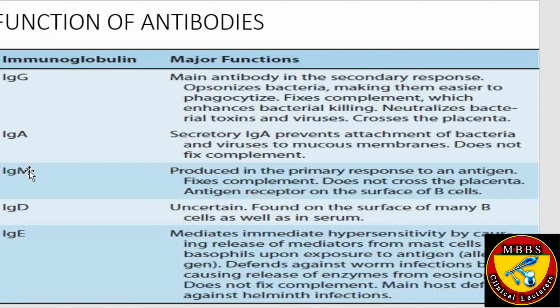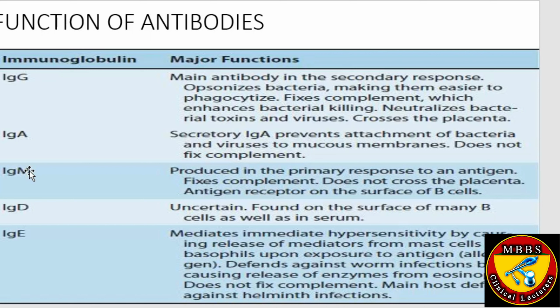Now, IgM is produced in the primary response to an antigen, and it fixes the complement. It is present as a monomer on the surface of all B cells, where it functions as an antigen binding receptor. It is a pentamer and has 10 antigen binding sites.